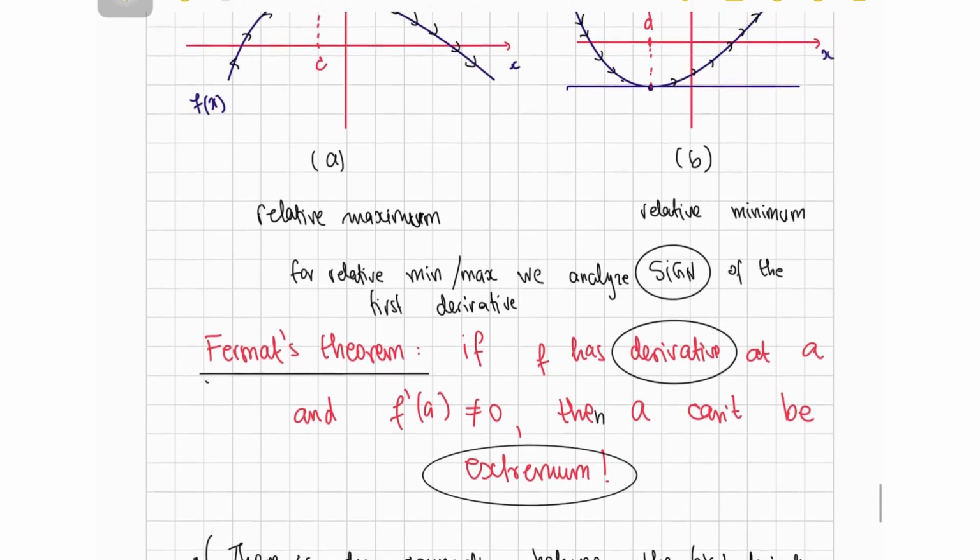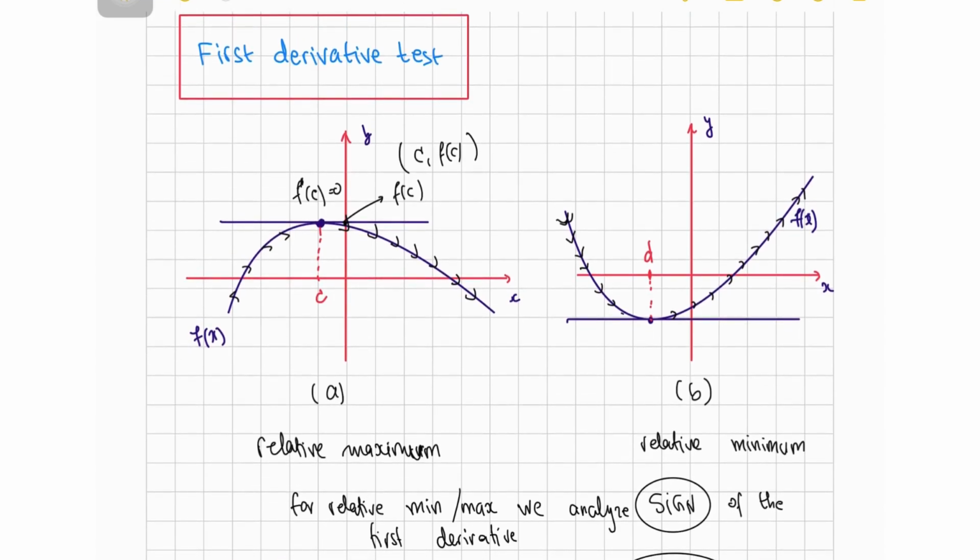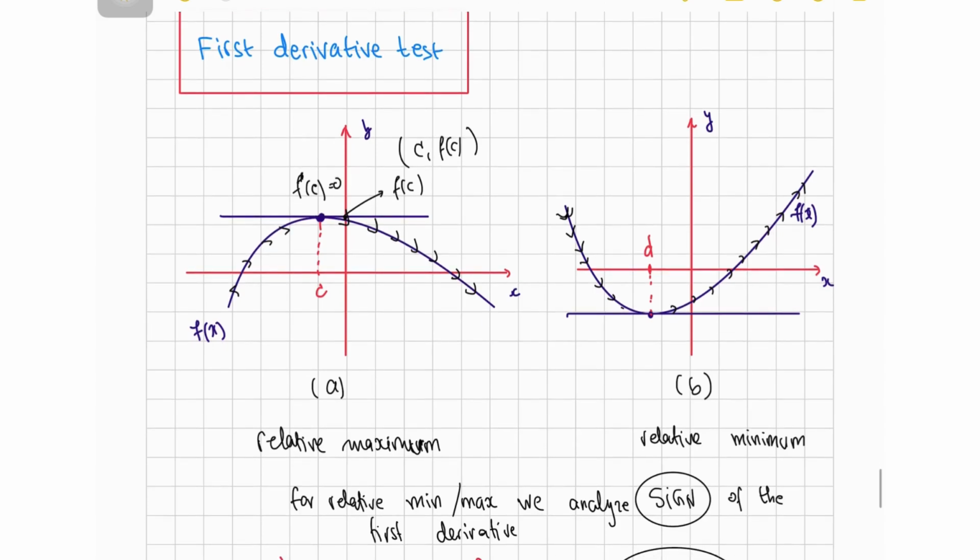So even here, going back to these diagrams, to these graphs, we can see that the function is growing up to a point where there is a horizontal tangent.